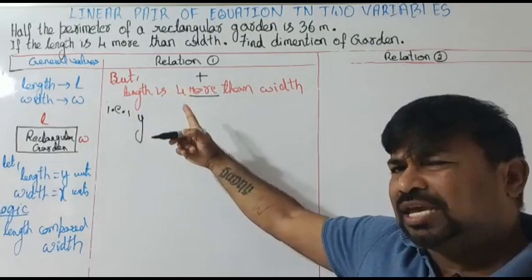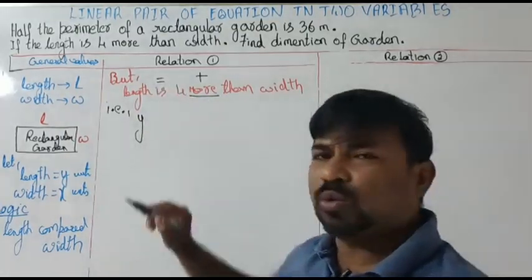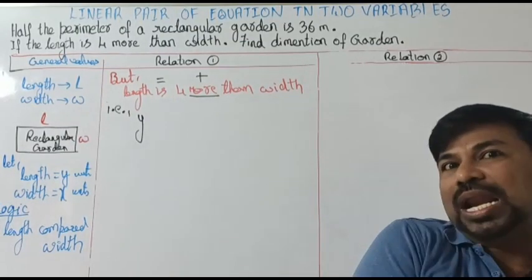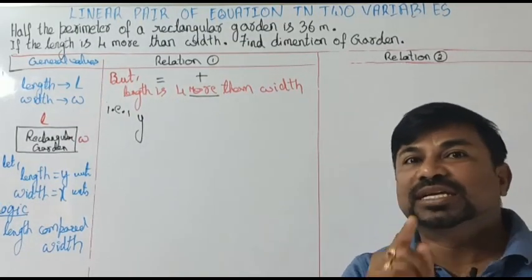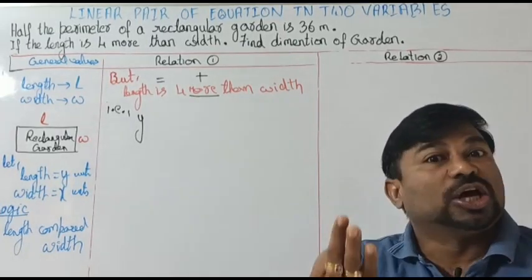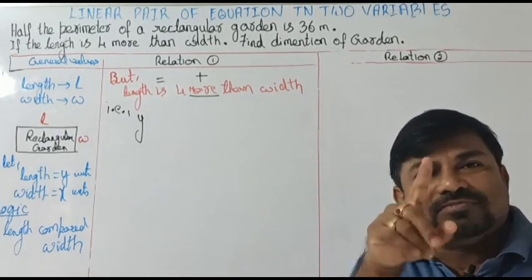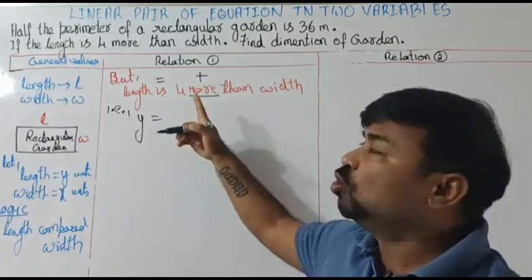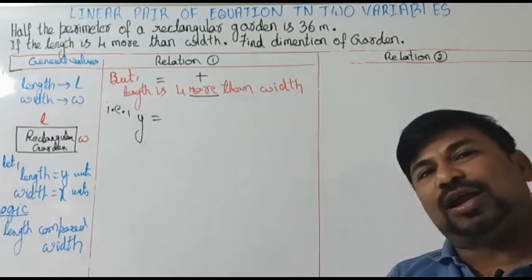And the key word is equals. Is, was, has, were, are, all these come under the equal to symbol. Remember is, has, shall, was, all these come under equal symbols. So length equals 4 more than width.